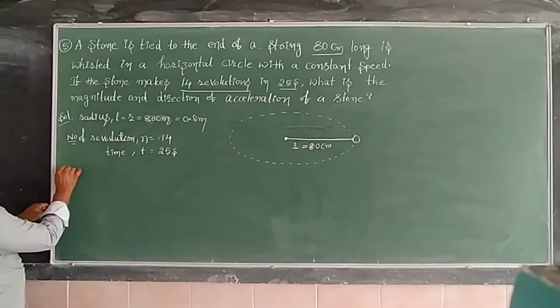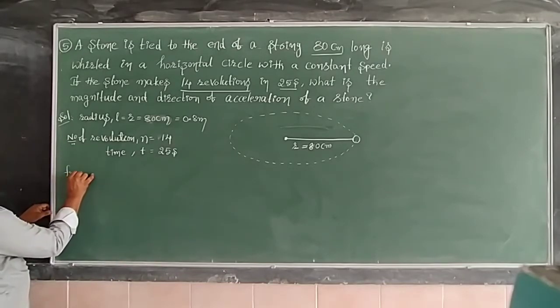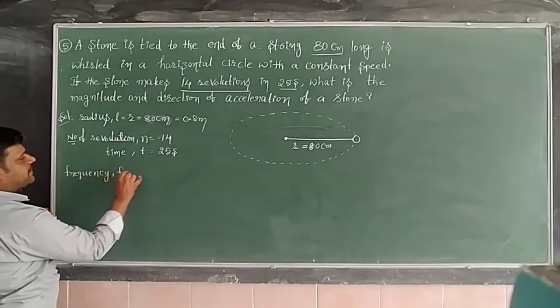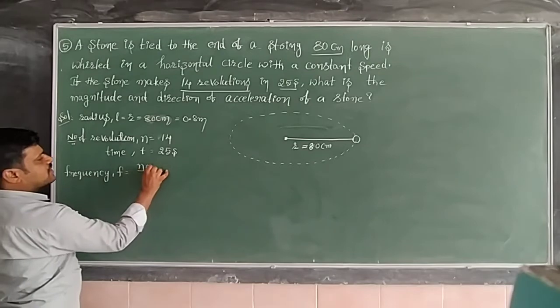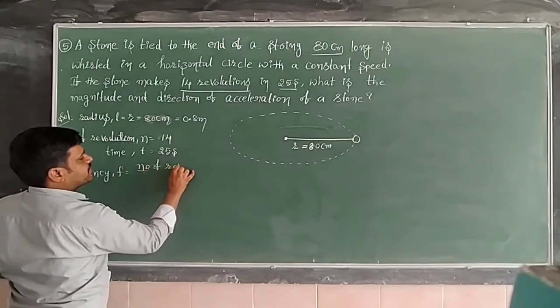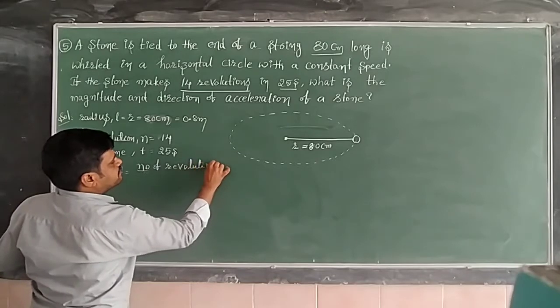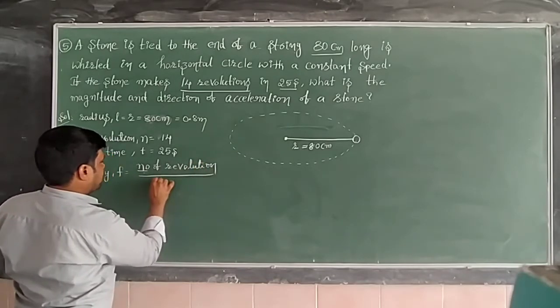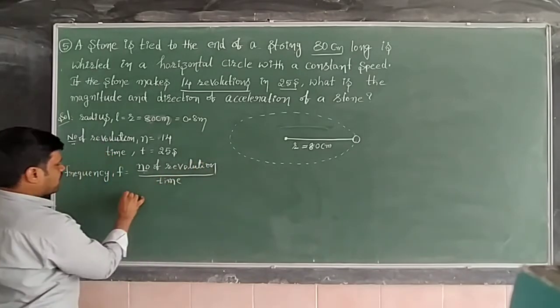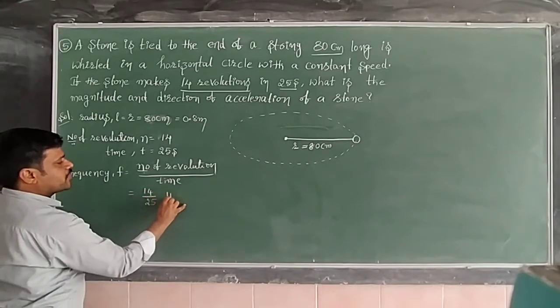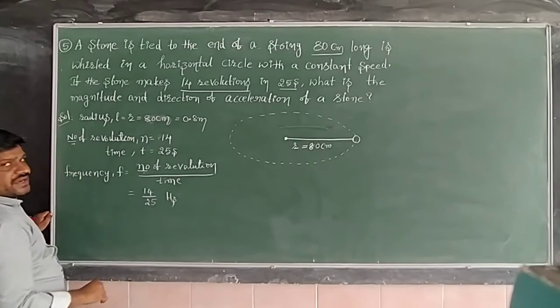Now from the frequency definition, what is the formula for frequency f? Number of revolutions divided by time. Number of revolutions is 14 and time is 25. The unit for frequency is hertz.